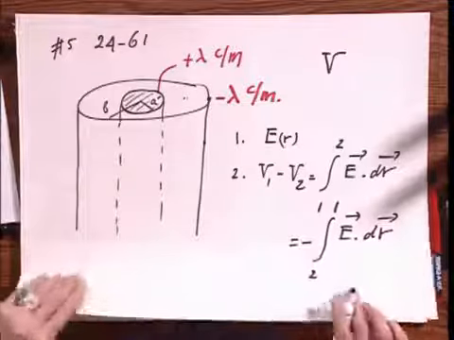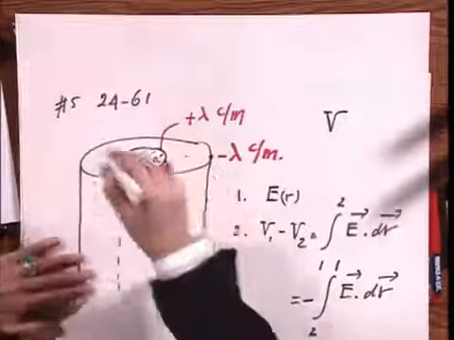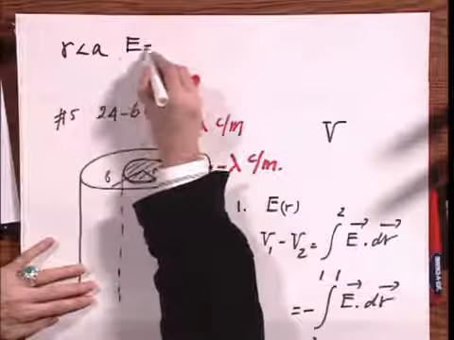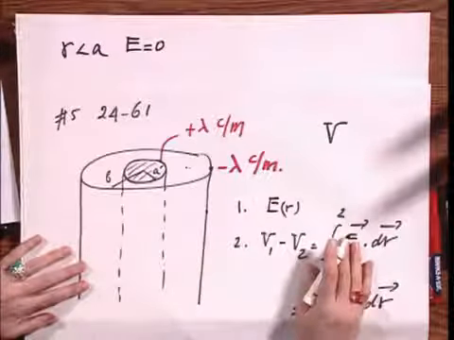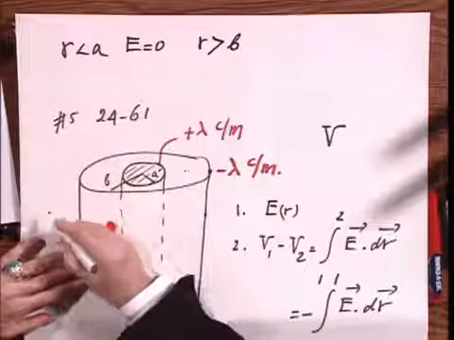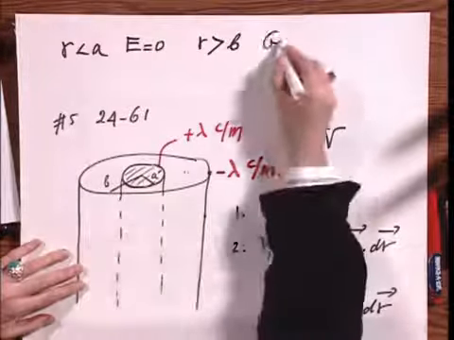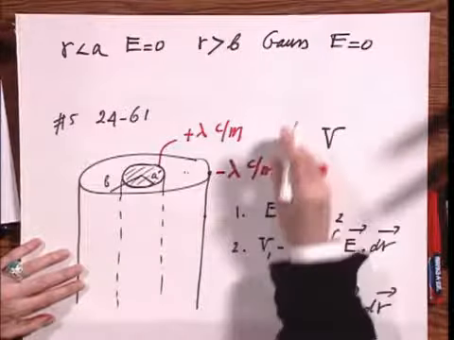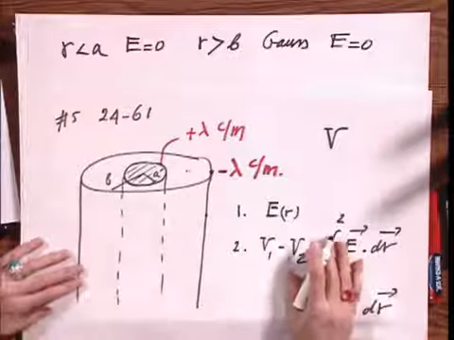Very well. Let's now first look at R smaller than A. It's very clear that E equals 0 there. But let's go for R larger than B, that is outside the cylinder. It's clear that if you apply Gauss's law, you will also find that E equals 0. I will leave you with that.